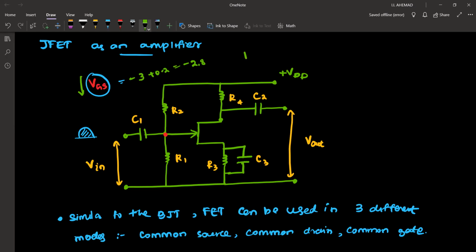Then ID current will increase. If this current increases, this voltage is constant, right? This voltage has to drop. Then only this current can increase. Therefore, when you have an increasing voltage, the output voltage will decrease. That is why it turns 180 degrees out of phase. Is that clear?